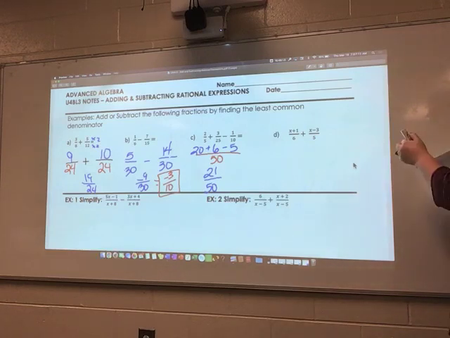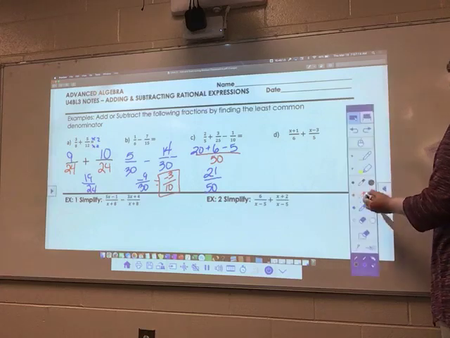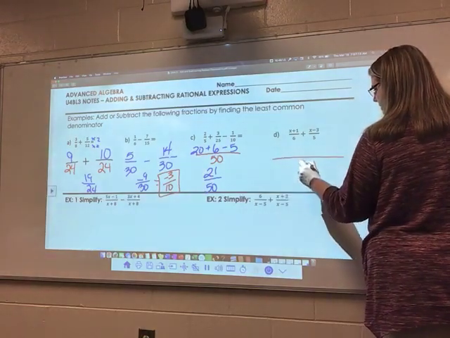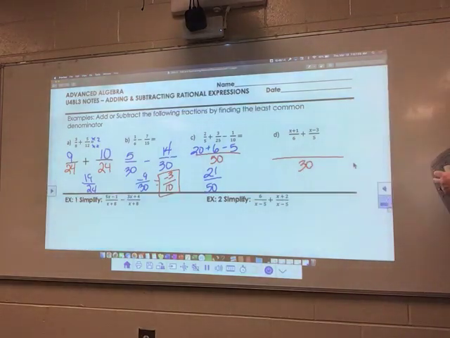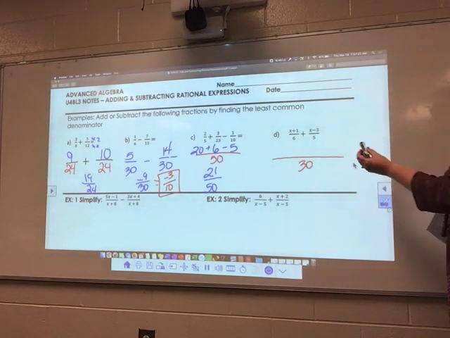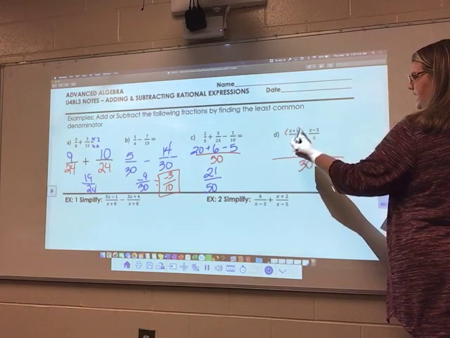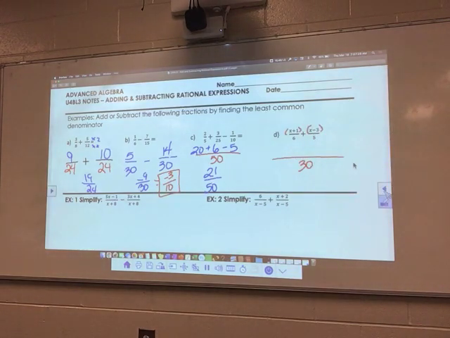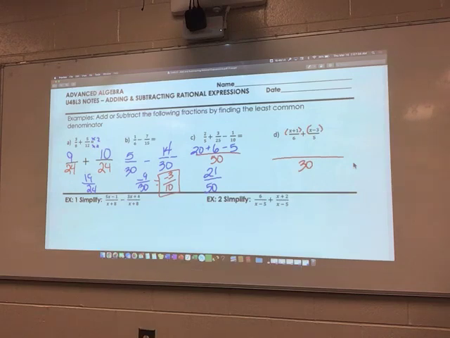Okay. So let's look at 6 and 5. What number do you got? 30. Let's just go ahead and put this all under 1. Now, the only difference is that the numerators have expressions instead of just one number. So we have to be sure that when we do that, we're going to be distributing. We'll write it out first. So 6 into 30, how many times? 5.